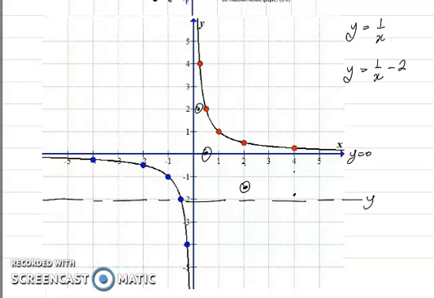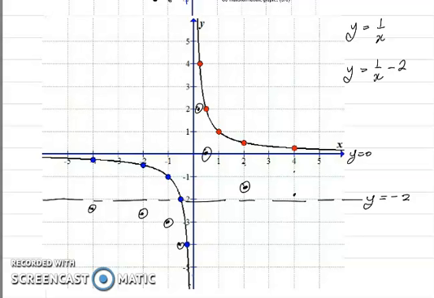So this is y is equal to minus 2, a new asymptote. We're moving all the points 2 units downwards. This one comes here. This one goes here. 2 units down. This one comes here. This one goes here. 2 units down. This one goes here. And this one will probably go somewhere around here.